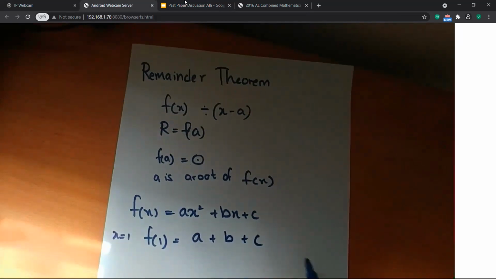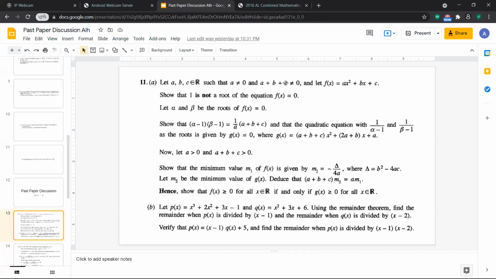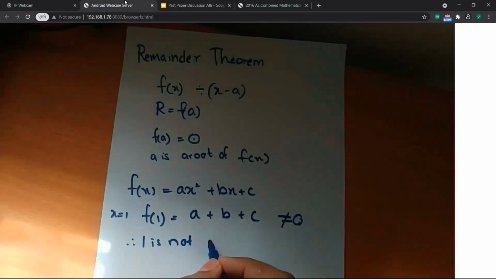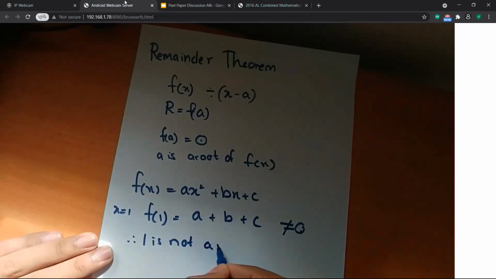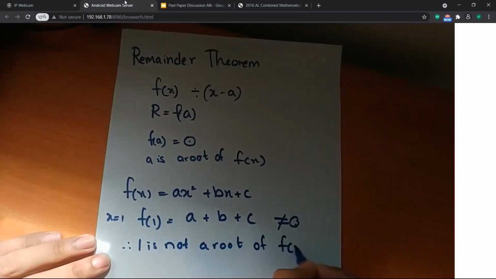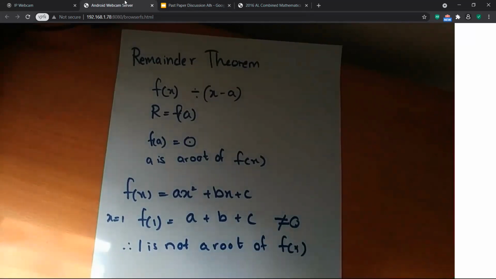And they have given that a plus b plus c is not equal to 0. Therefore, we can say 1 is not a root of fx. So that's the first part. Pretty simple, right?